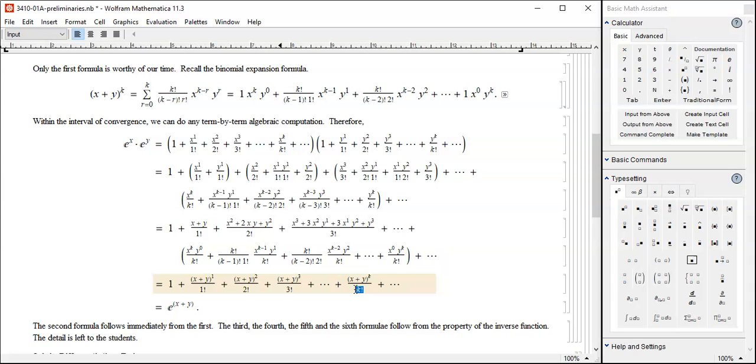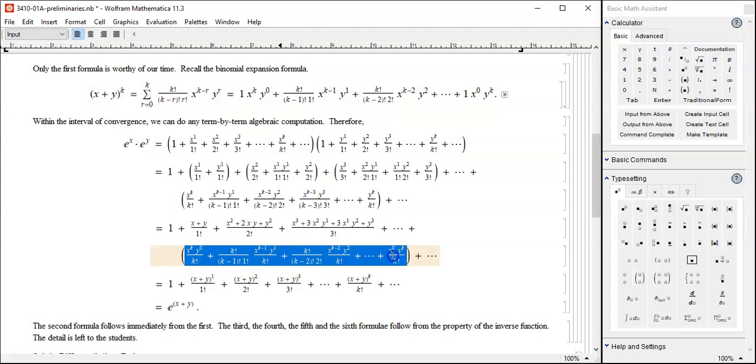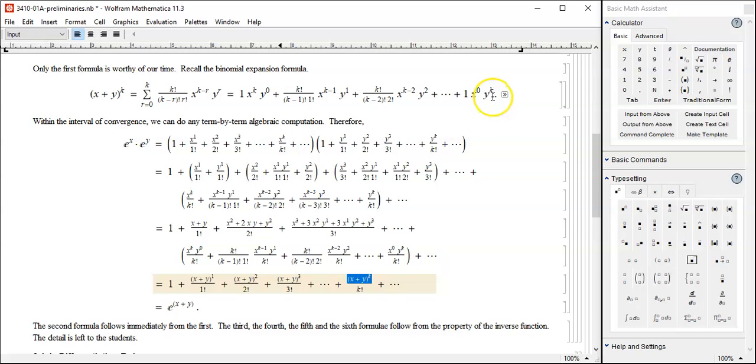Now, how about the other coefficient? K factorial over k minus r factorial times r factorial. Wait a minute, this is the binomial coefficient. The combination k choose r, k choose k minus r equivalently. So all this is the binomial, x plus y to the k power, by this binomial theorem. So what do we have?